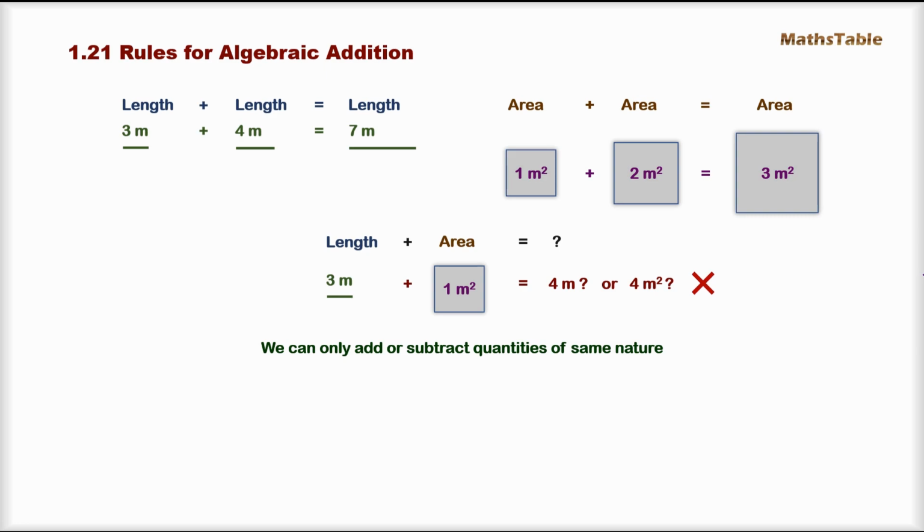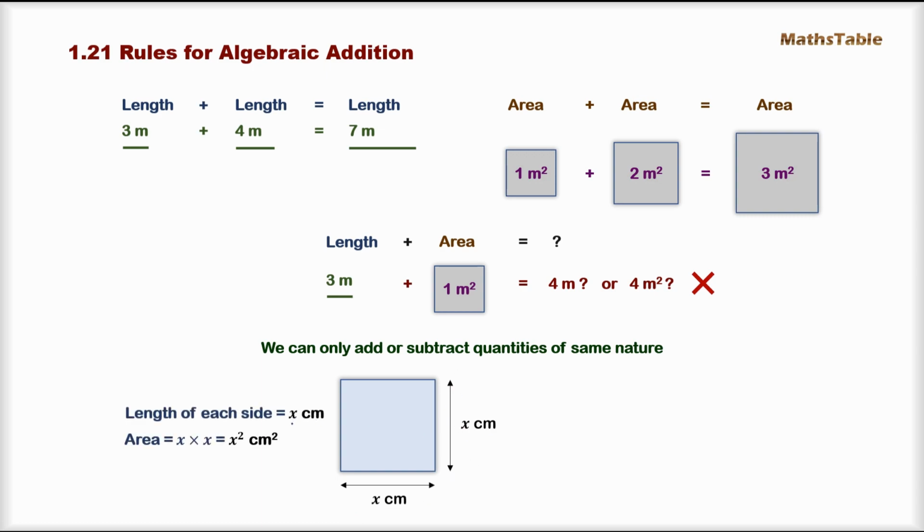Now we can extend this same ideology to algebraic addition. In algebra, we use alphabetical letters A, B, C, X, Y, Z instead of length, area. For example, if we take this square, we have denoted the length of each side of this square by x centimeters.